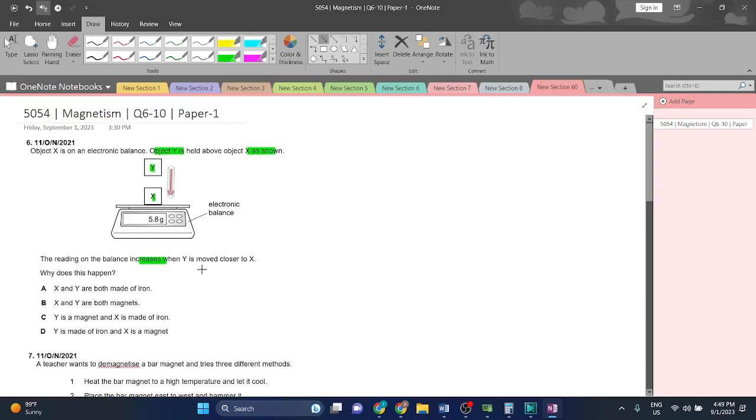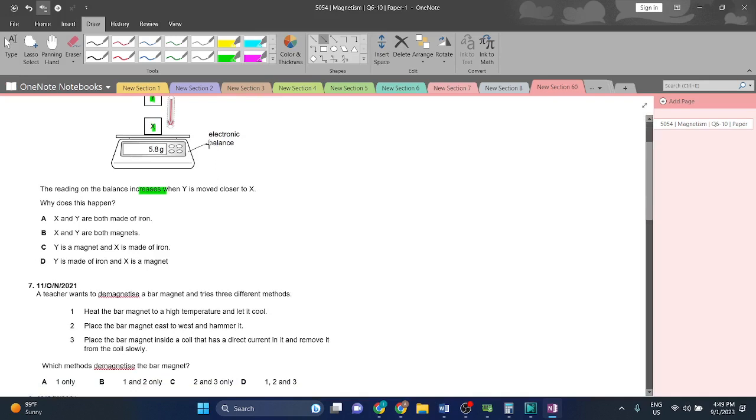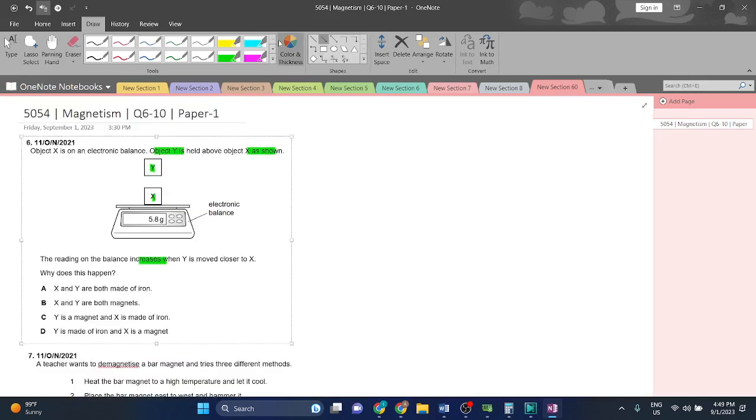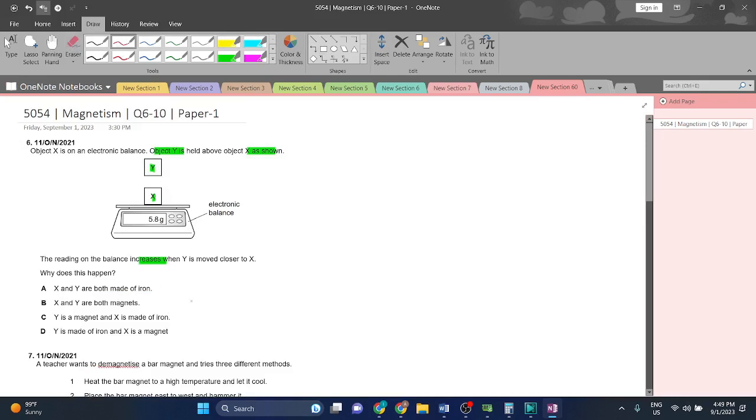Now we have to identify which option says that the balance reading is increasing because there is a downward force on X. X and Y are both made of iron. That is not a conclusive answer. X and Y are both magnets. That could be an answer. Y is a magnet and X is made of iron, so both of them are going to attract each other, which will decrease the overall reading.